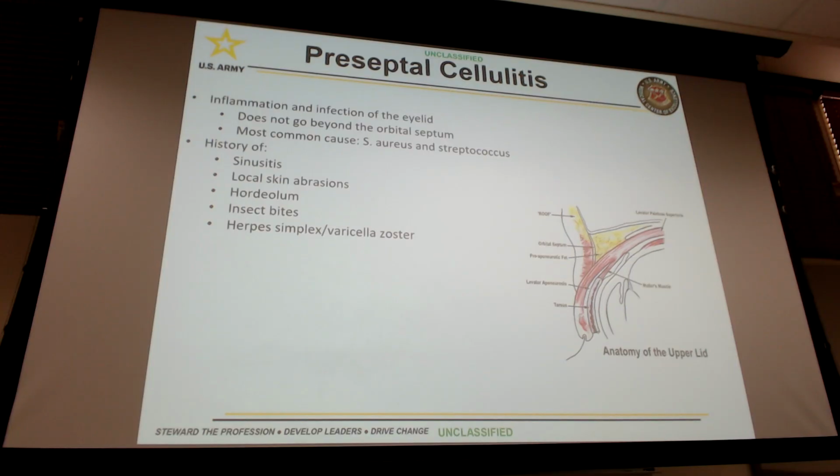Okay, so preseptal cellulitis is some infection that happens in front of the orbital septum, anterior to the orbital septum. It stays localized in the eyelid. Okay. A lot of times you'll get preseptal cellulitis from a hordeolum. So a hordeolum, remember hordeolum hurts, that's that infection in the eyelid.